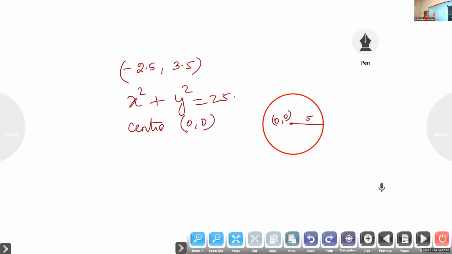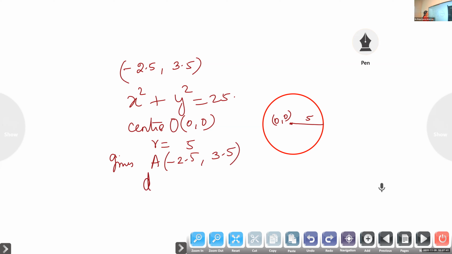We have to check whether this point lies inside, or outside, or on the circle. How to check this one? Morning we discussed one question in this model, isn't it? You first name this point as A. Suppose center is O and you take this point A. Given the point A is minus 2.5 comma 3.5.